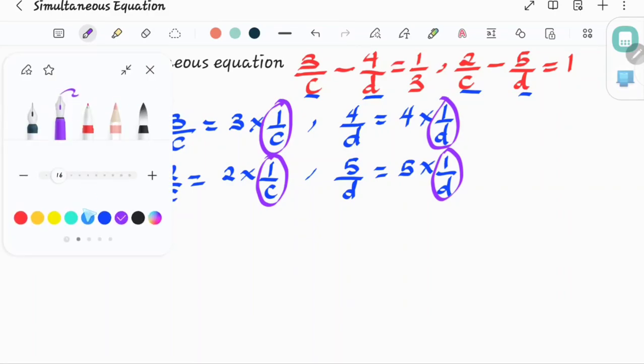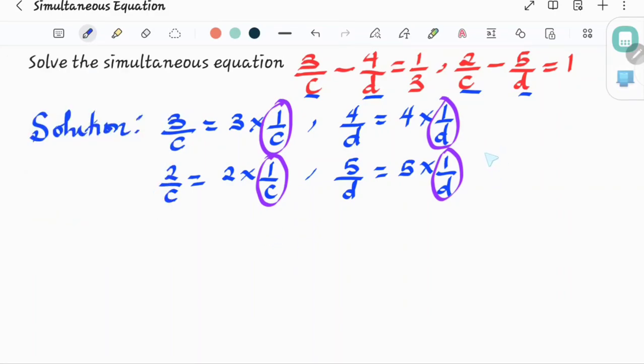Now because of that, we can just decide to go ahead and say, let's use any letter of our choice. We could say let p be equal to 1 over c and let q be equal to 1 over d. So what that insinuates is that anywhere I see 1 over c, I'm going to substitute p. Anywhere I see 1 over d, I'm going to substitute q.